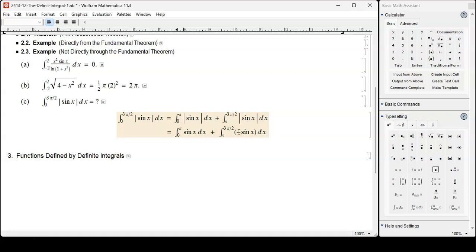Or you can push this negative outside and write it like this. And then as for these computations, using the fundamental theorem here and there, it's not going to be too bad.